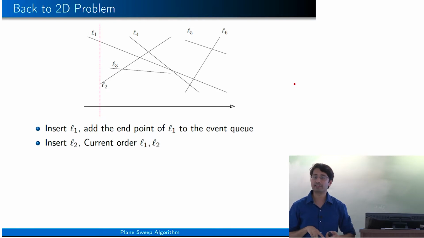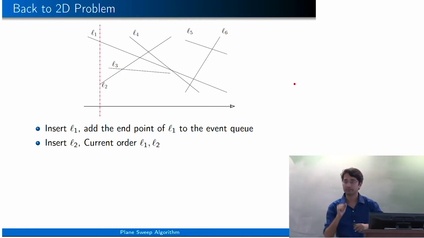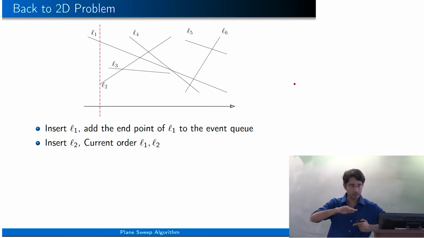When can the status change? At a left endpoint, because a new line will be introduced somewhere; at a right endpoint; and at an intersection. At that time what will happen? They will switch, the order will switch.